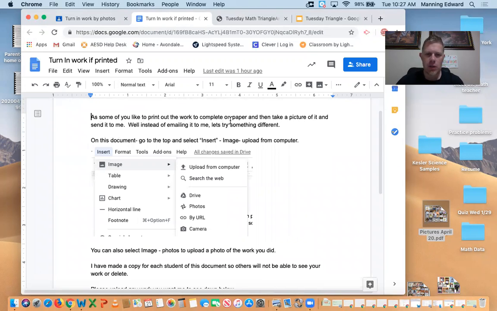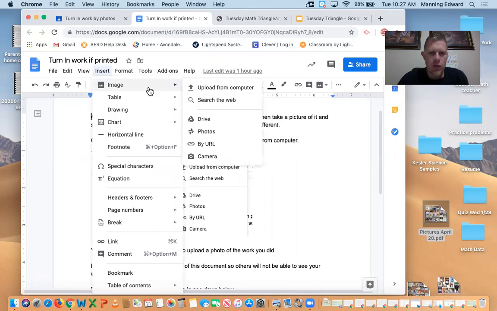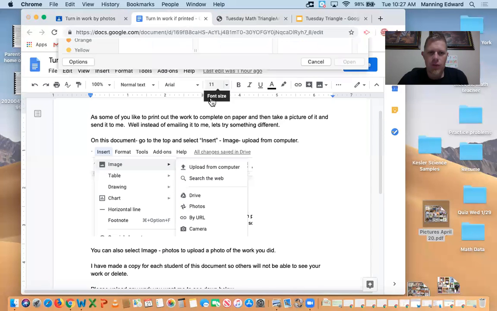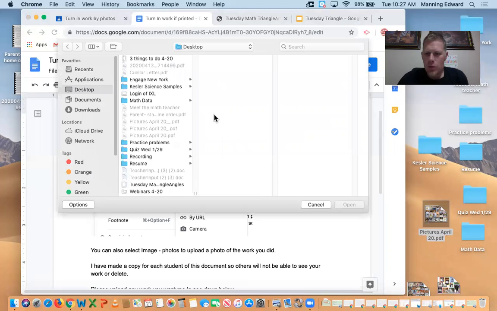As you would like to print out work completely on paper and take a picture, instead of emailing it to me, let's try something different. On this document, go to the top and select Insert Image from the computer. I even put a little note. So you go Insert Image, Upload from the computer. Now I can't do a PDF.